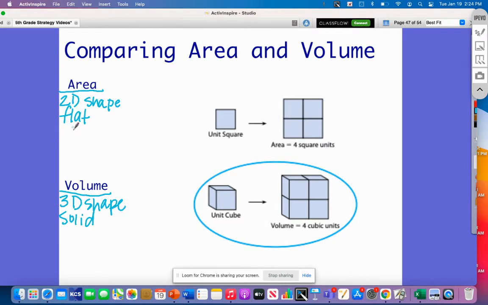You measure area by the length and then the width, so length times width. This would be 2 by 2 to get 4. Whereas for volume, we're looking at the length, the width, and then the height. We have an extra measurement here.